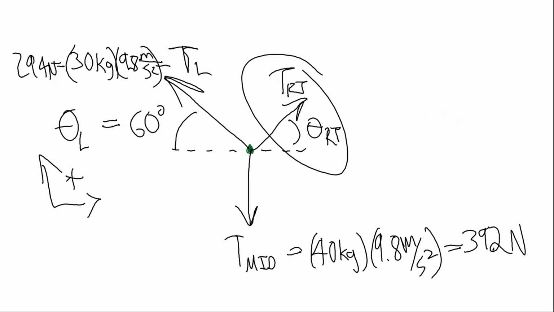Say up and to the right is positive. So the sum of the forces in the y direction, what do I get? Okay. Or negative. I'm going to use variables for a second here. So negative T mid. It's a little bit timid. That's a 6, I promise.